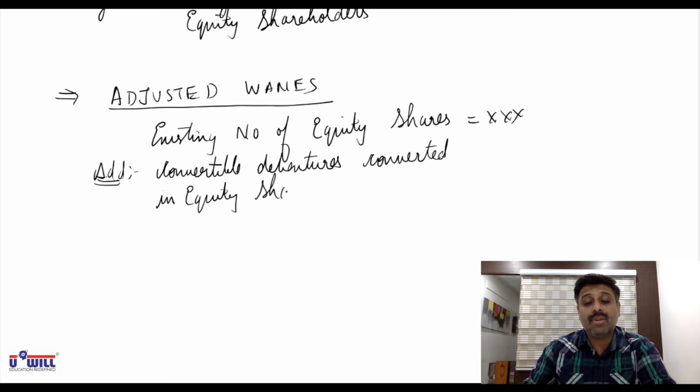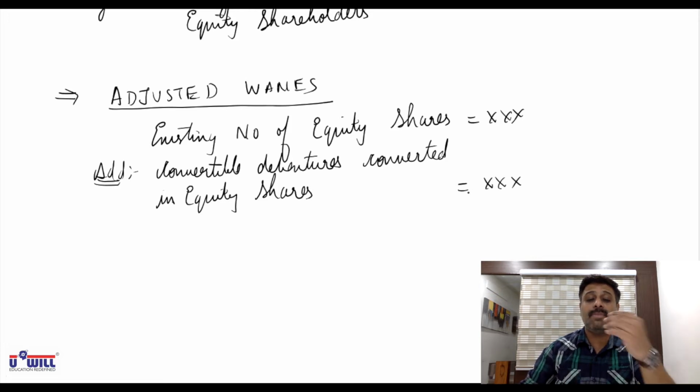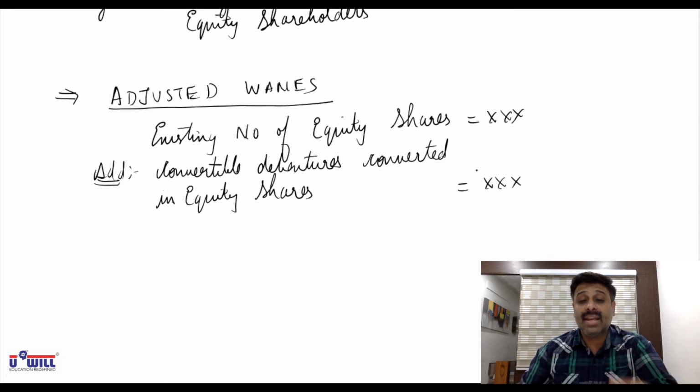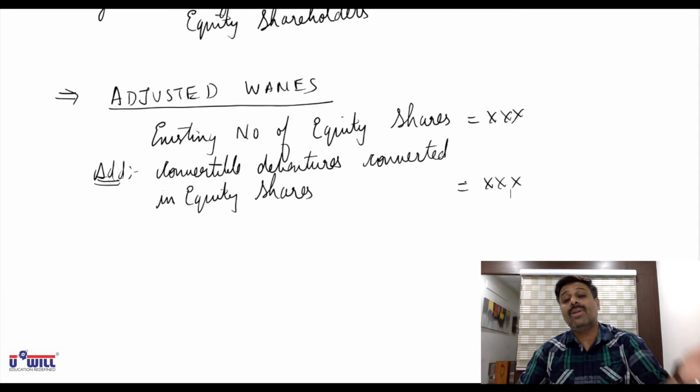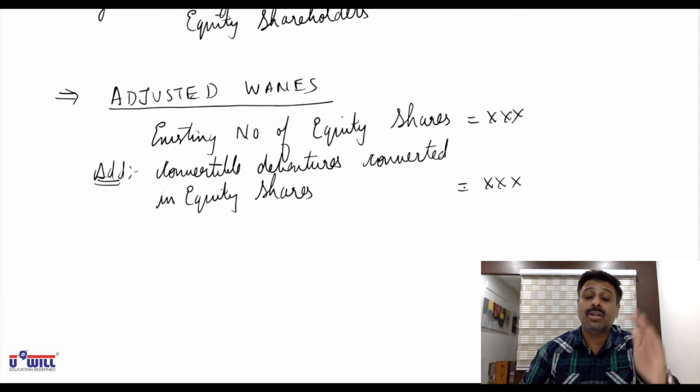Means we add the number of equity shares which will be resulting in future and given to debenture holders. So if suppose for every 2 debentures 1 equity share is to be given, and if there are 2 lakh debentures, then how many equity shares we would give them in future? 2:1. So 2 lakhs will get 1 lakh equity shares in future. That 1 lakh we have to add. That would become equity shares in future.